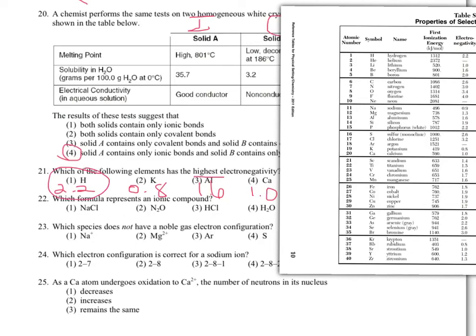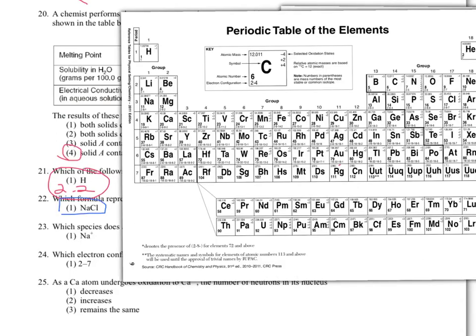Now for question number 22, we are looking for an ionic compound. Recall that we can say that ionic compounds are ironic compounds because they contain metals and nonmetals. Now looking at sodium chloride, we'll find sodium, which is to the left of the bold zigzag staircase, making it a metal, and chlorine, which is to the right, making it a nonmetal, form an ionic bond.